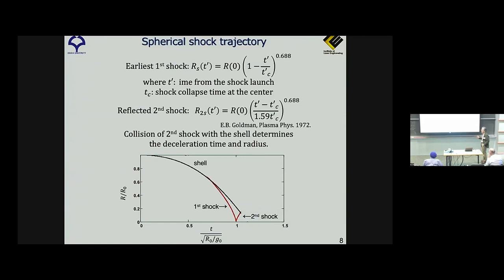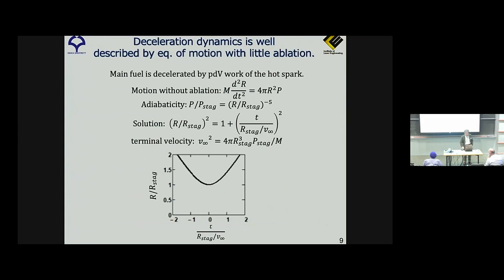This determines the timing of the start of deceleration, and this was also analytically derived many years ago, so we just use it to predict timing and radius. And the third point is the main fuel deceleration phase.